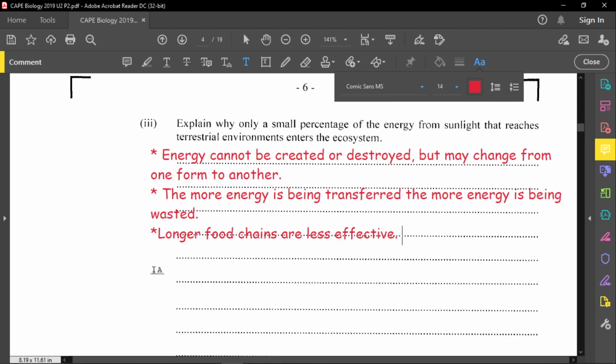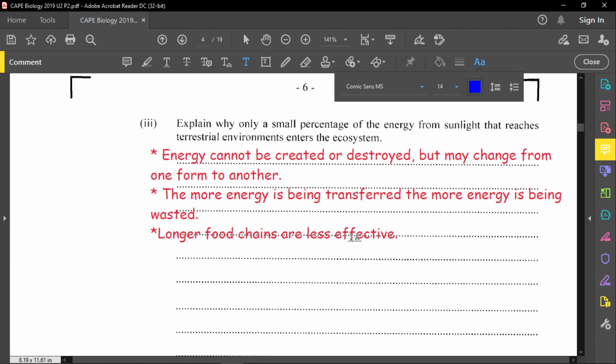And so now let's start answering the question real quick. Let's put this one in blue. All right, so the first point I'm going to make here is that the only organisms that can actually absorb light energy are producers.